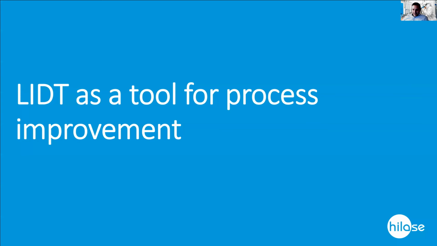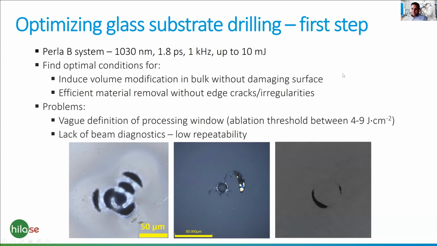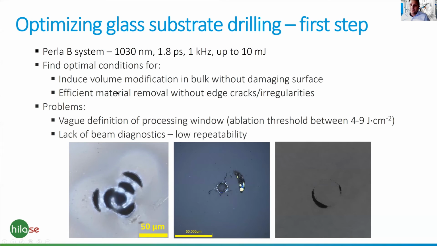And now, as I promised, I will show you an example of how we used our laser-induced damage threshold testing as a tool for improvement. We were required to optimize the process of glass drilling. At the first step, we were using our PerLab system at 10 nanometers, 1.8 picosecond, and energy up to 10 millijoules.